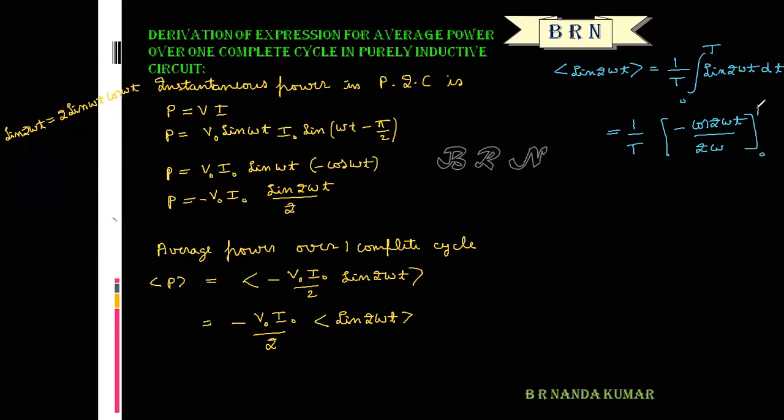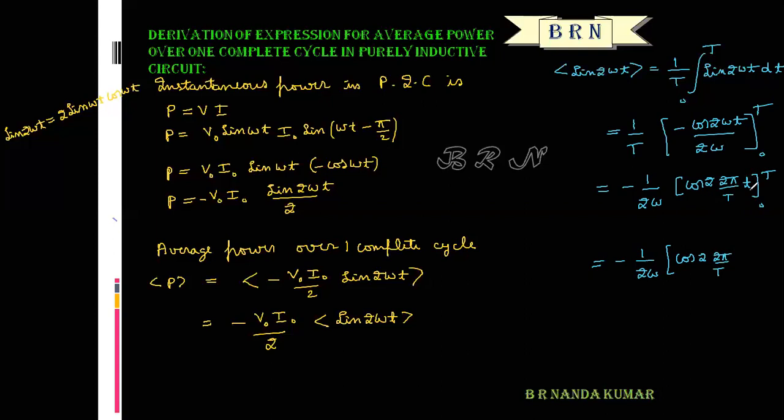The limits vary from 0 to T. So minus 1 divided by 2 omega is taken outside, of cos 2 omega t, where omega is in terms of time period, 2 pi by T. The limits vary from 0 to capital T. So cos 2 into 2 pi divided by T.